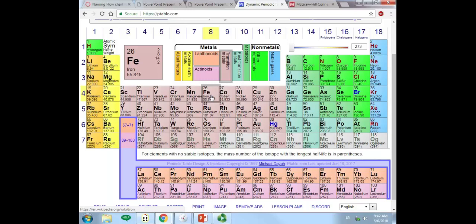We write iron, if it's that D block metal, we use a Roman numeral to say what the charge is. Charge, not subscript. That's the most common mistake that people make. And then you're simply going to name the anion or the second element. If it's an element, you change the ending to "ide."